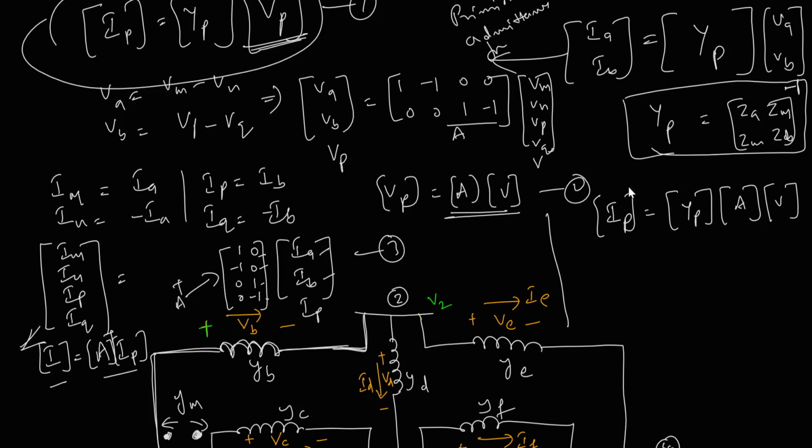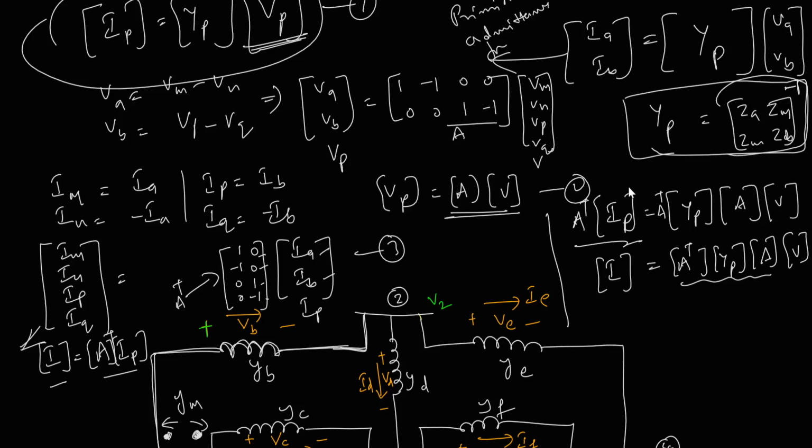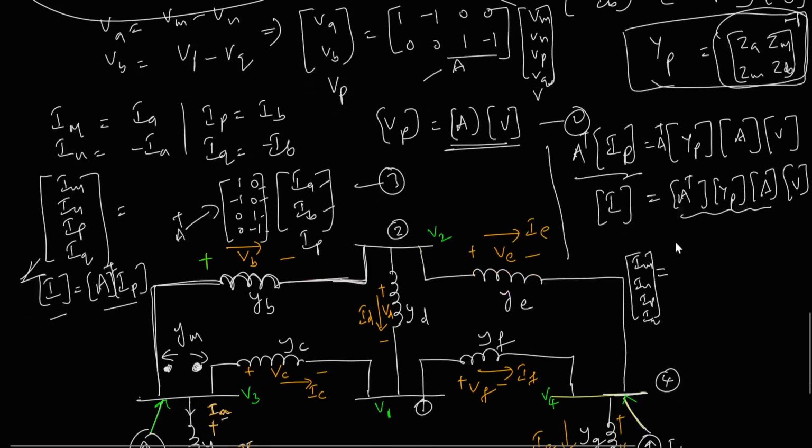So if I multiply A transpose on both sides, this will be equal to the nodal vector I, which is equal to A transpose Y primitive A times V. So if you take the product, Y primitive is the inverse of Z, ZM, ZB, and A and A transpose, then you will have IM, IN, IP, IQ. Let me write it down here.